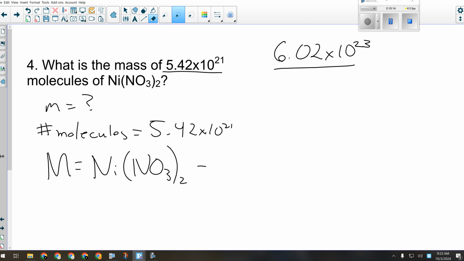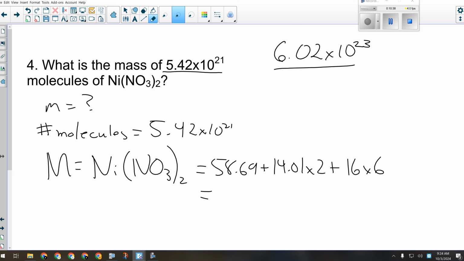So for nickel, we've got 58.69. And there's only one nickel. How many nitrogens are there? 2. How many oxygens are there? 6. Right.